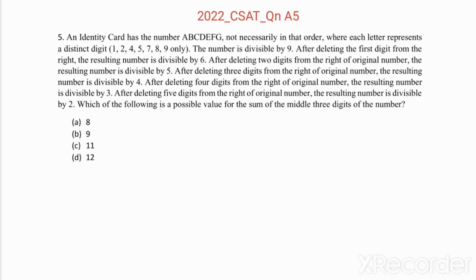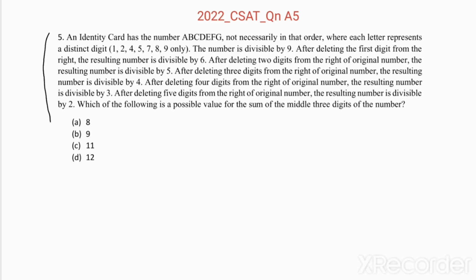After deleting 2 digits from the right of original number, the resulting number is divisible by 5. After deleting 3 digits from the right, the resulting number is divisible by 4. After deleting 4 digits from the right, the resulting number is divisible by 3. After deleting 5 digits from the right, the resulting number is divisible by 2. Which of the following is a possible value for the sum of the middle 3 digits of the number?